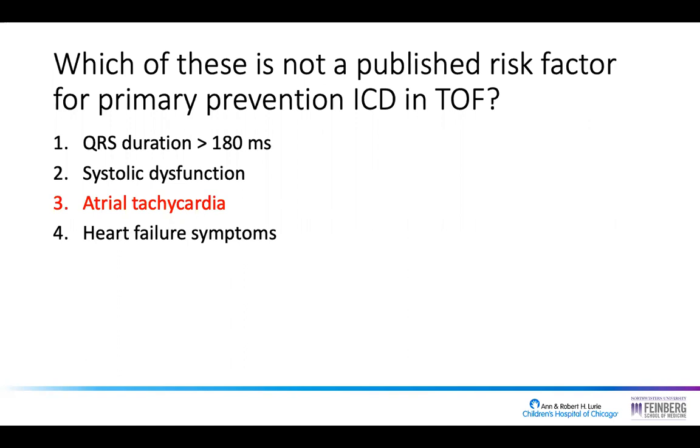And what I would tell you about this is not that atrial tachycardia doesn't matter, but that it's important to be careful about putting in primary prevention ICDs. And what I would encourage people to do, when you're faced with the question of whether or not to put in a primary prevention ICD, is to think as carefully as you can about the data that's published and the recommendations that are published, and not to take the gut instinct: I have somebody with congenital heart disease who also is having an arrhythmia, and therefore I should give them an ICD to prophylax against sudden death.